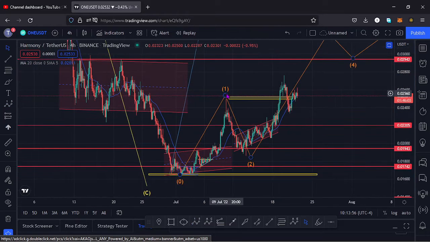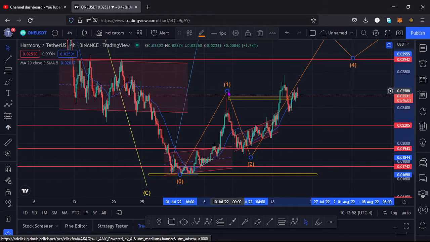If I get into the details of these waves, once we made that high to the upper side, and in that retracement to the lower side forming a wave 2, the minimum that we expect this wave to retrace is the area between the fib level 0.5 and the 0.618.